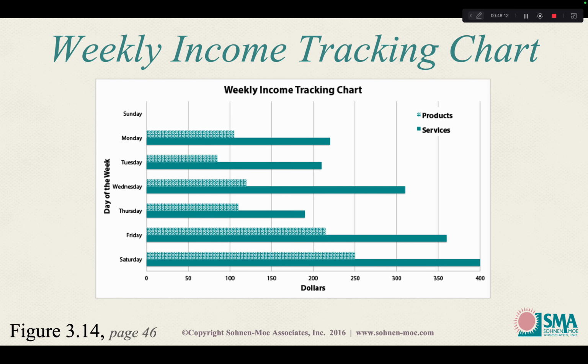Here's a weekly income tracker. So if you have products, you can sell products, and then services, and then you kind of see how much money you made on each day, for a service and a product. If you notice, maybe there's a day, we'll look at Tuesday, for instance, that's lowest in products.